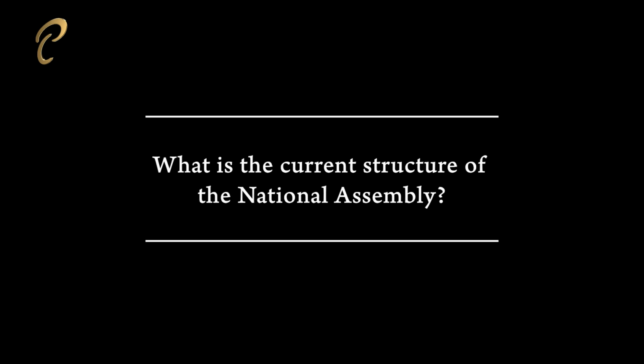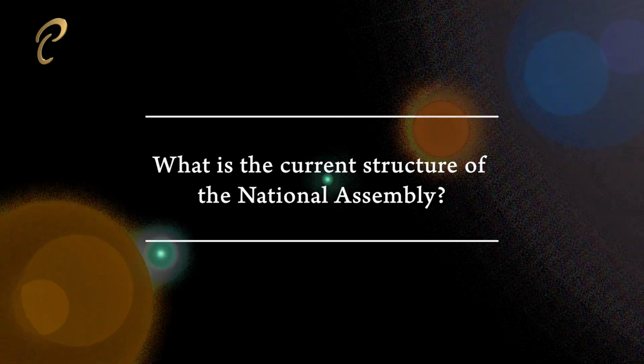What is the current structure of the National Assembly? Okay, the current structure of Parliament in Zambia is that it becomes Parliament when the President is in attendance, and he attends Parliament twice in a year.